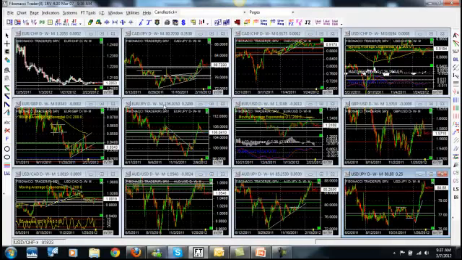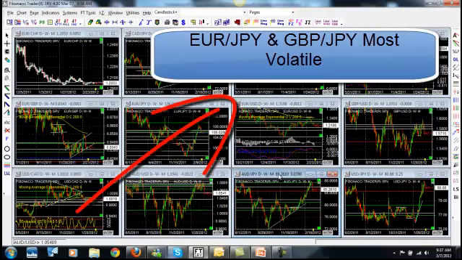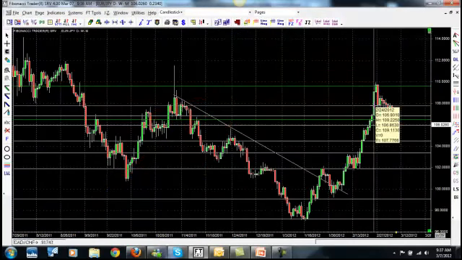Now here's the toughest ones. The euro yen, the pound yen, and the Aussie yen are the most aggressive pairs that we trade. Those cross pairs I would be very careful of, especially the pound yen and the euro yen. Make sure you're highly skilled before you start trading those pairs because they can rocket really quick. Hundreds of pips in a day are very common.